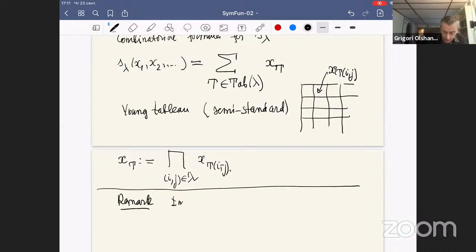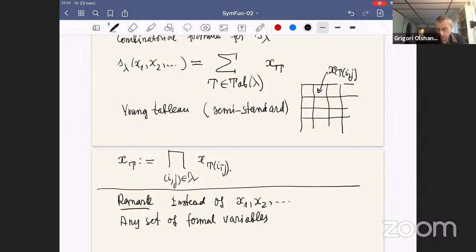Instead of the variables x1, x2, and so on, we can use any set of formal variables, say x.